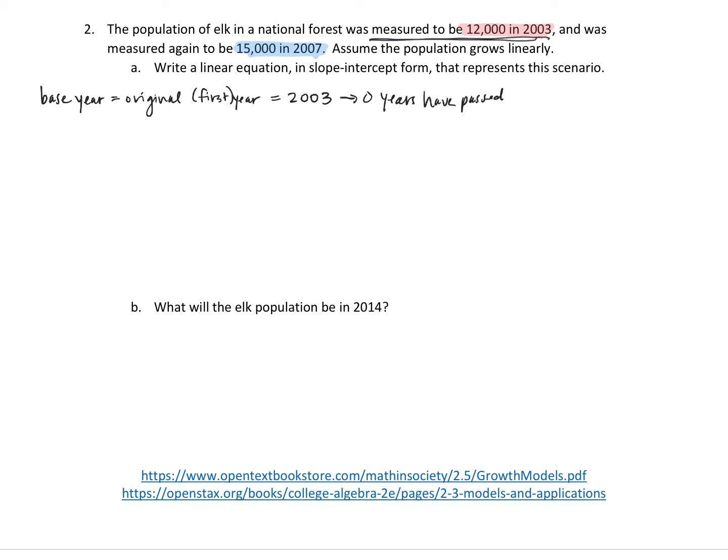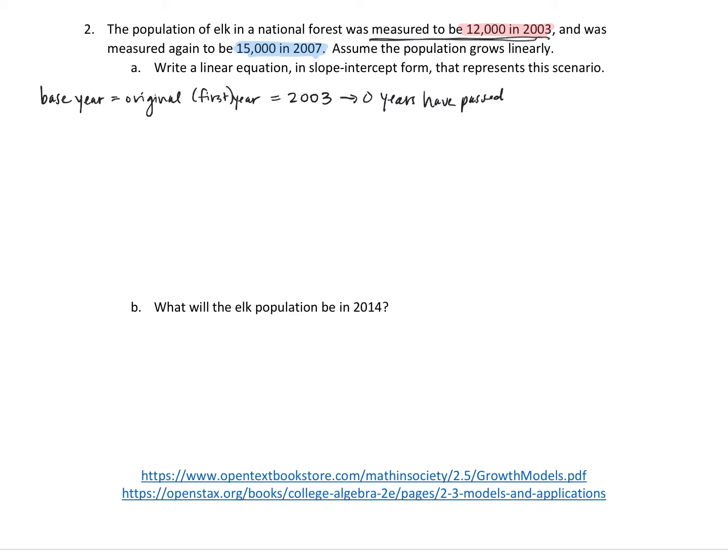we're going to have the number of years. And the other thing you want to think about is which one causes the other to vary. The elk population varies based on how many years it's been, right? You assume that either the elk are flourishing and multiplying, so each year you measure, the elk population will increase.